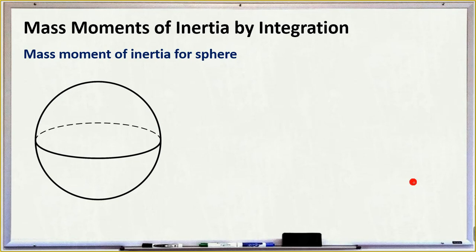So we're going to derive the mass moment of inertia for a sphere along its diametral axis. Let's say this is our diametral axis. It passes through the center of our sphere, and we're going to label this one as y. This is again our axis of inertia.